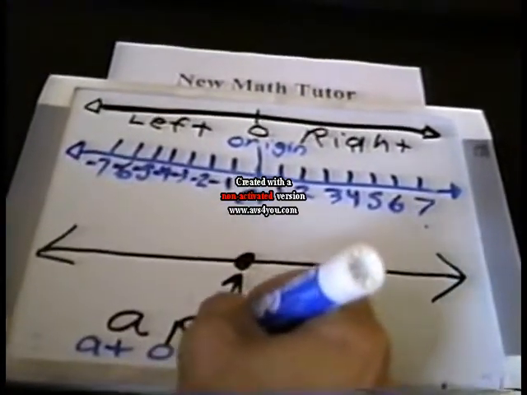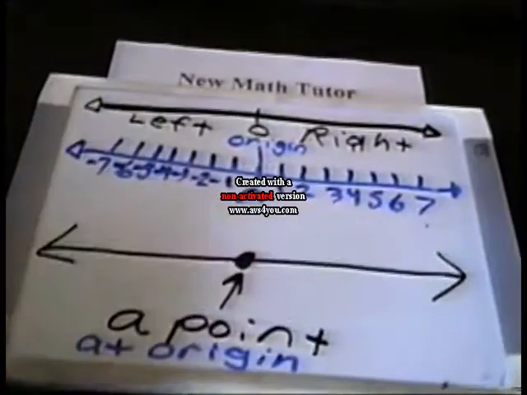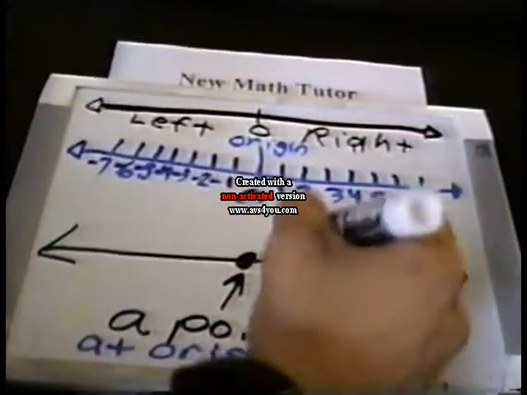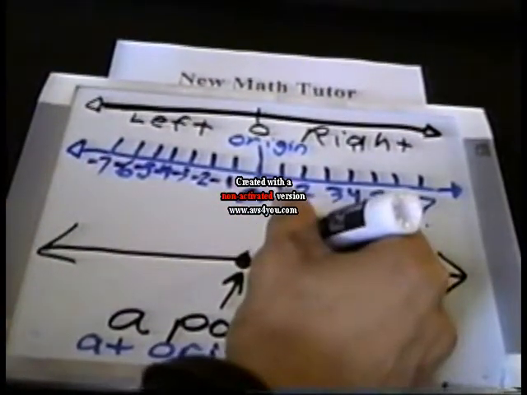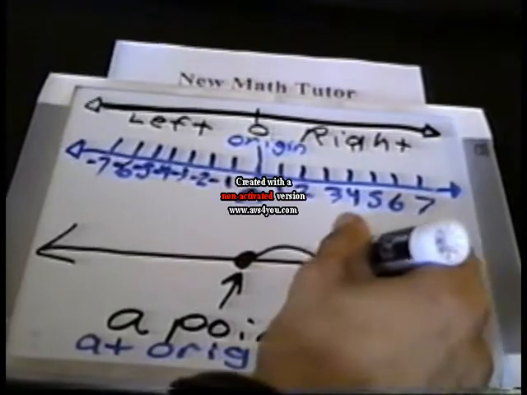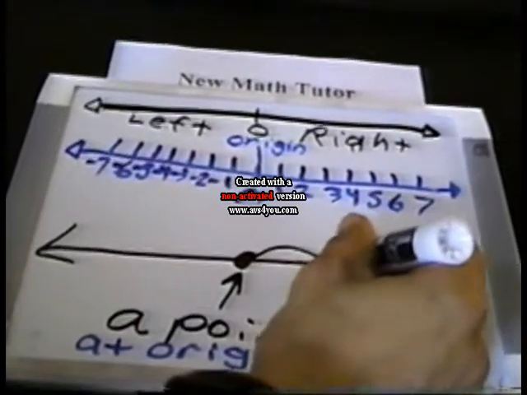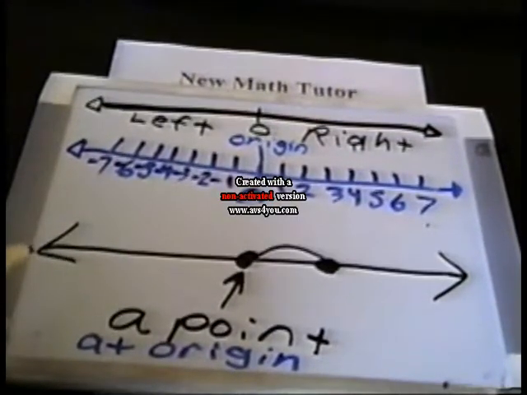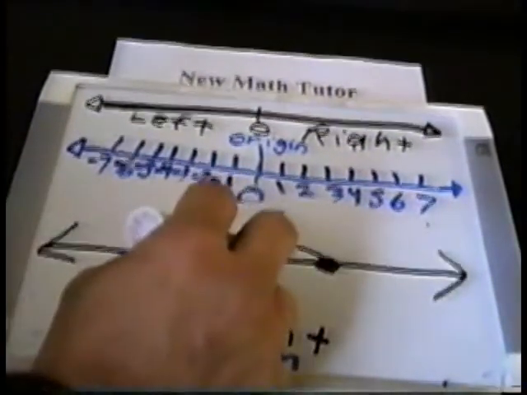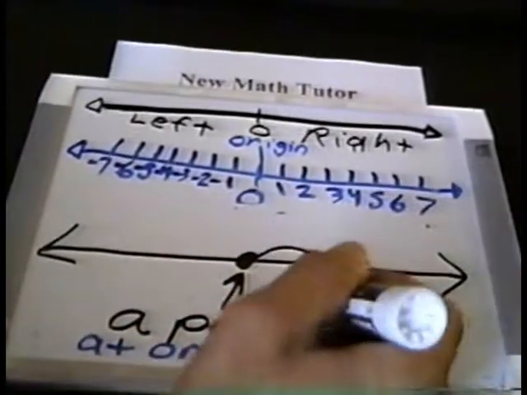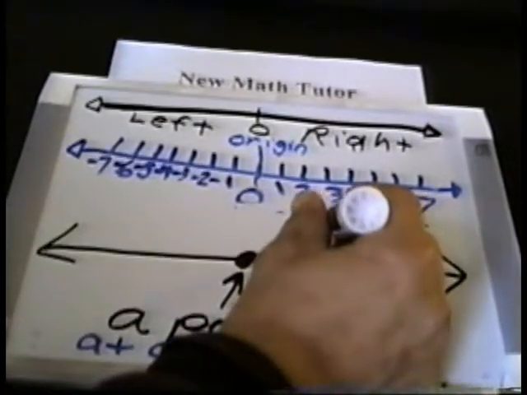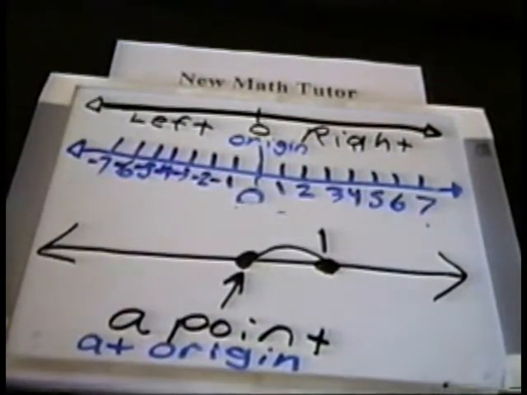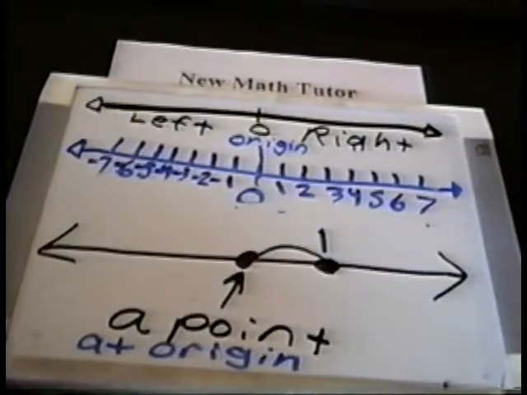Now, if we talk about this point moving from its origin, here the point is at its origin. Now here, if we move this point through one measurement of time, we will say that it's moved from its original point of origin to its next.